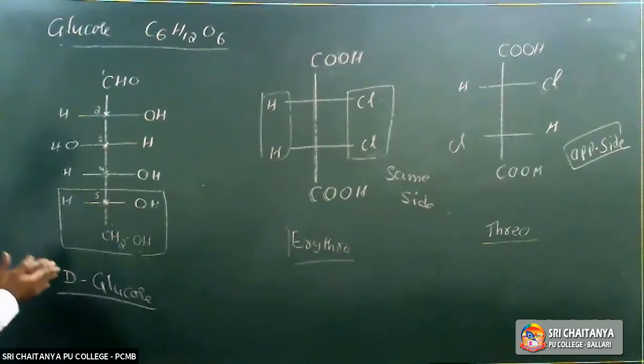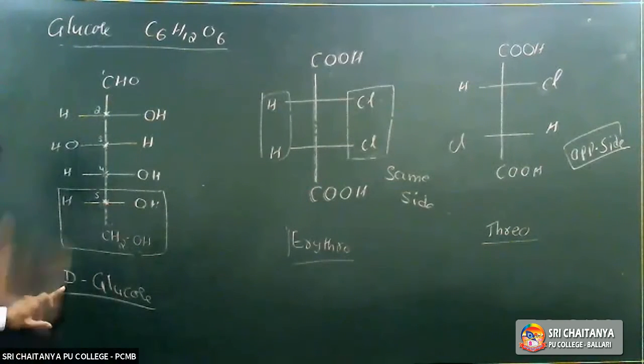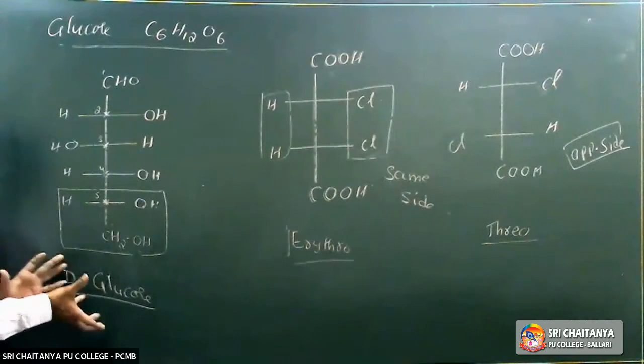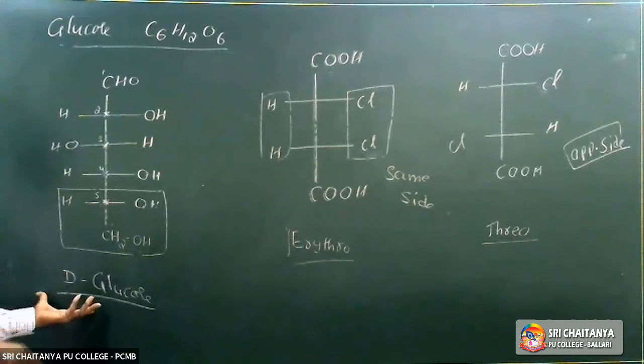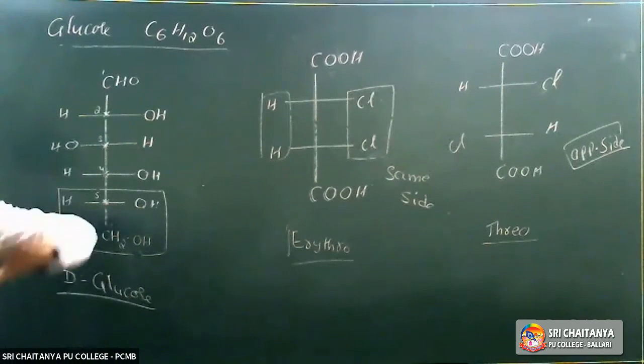So a capital D compound may be dextrorotatory or levorotatory. Next one, a capital L compound may be levorotatory or dextrorotatory.